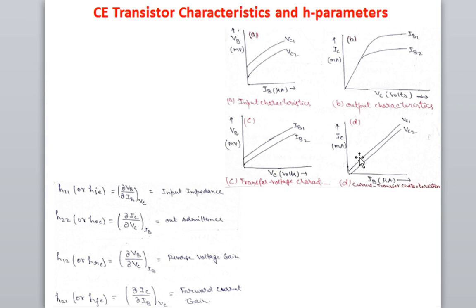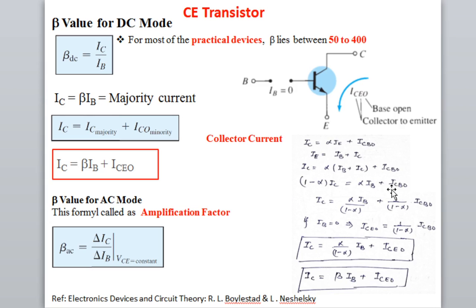If you take the ratio of milliampere upon microampere, that is basically 1000. So for an ideal transistor, the value of beta DC will be basically 1000. But for practical devices, this lies between 50 to 400, and this is dimensionless.